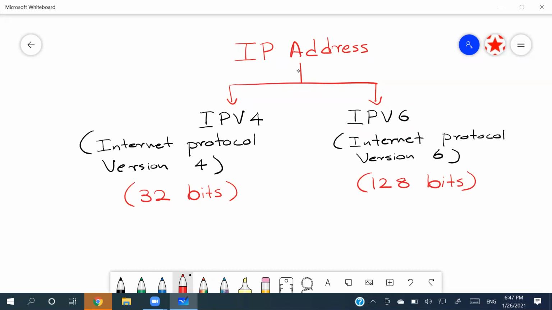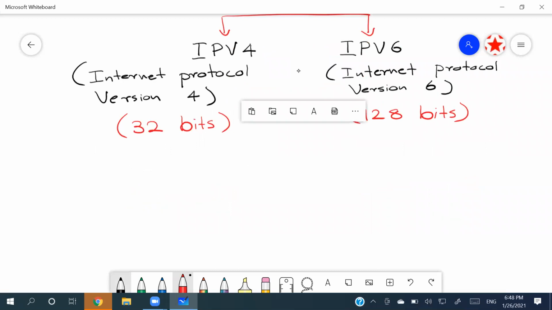So in our syllabus, we concentrate on IPv4 addresses, not IPv6 addresses. So hereafter, if I say IP address, it is regarding an IPv4 address, right? IPv6 is something that we are not going to discuss in our syllabus, right?